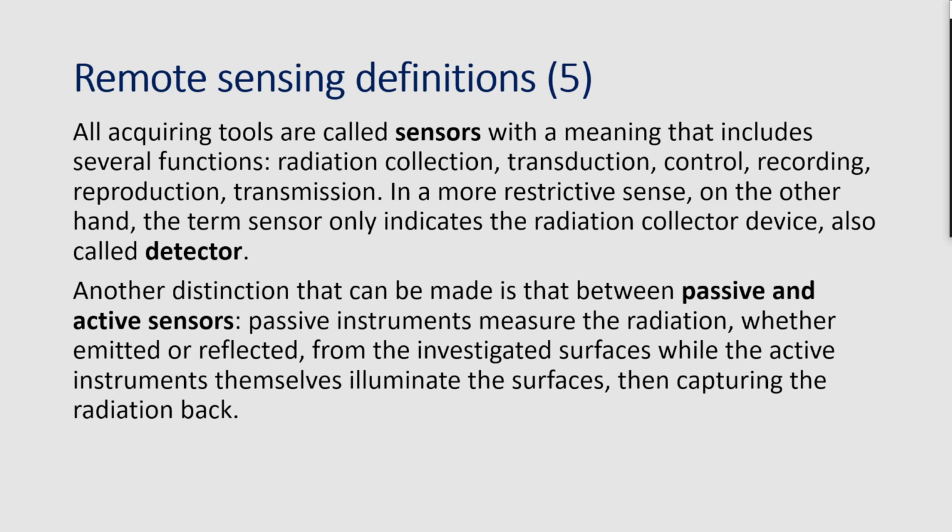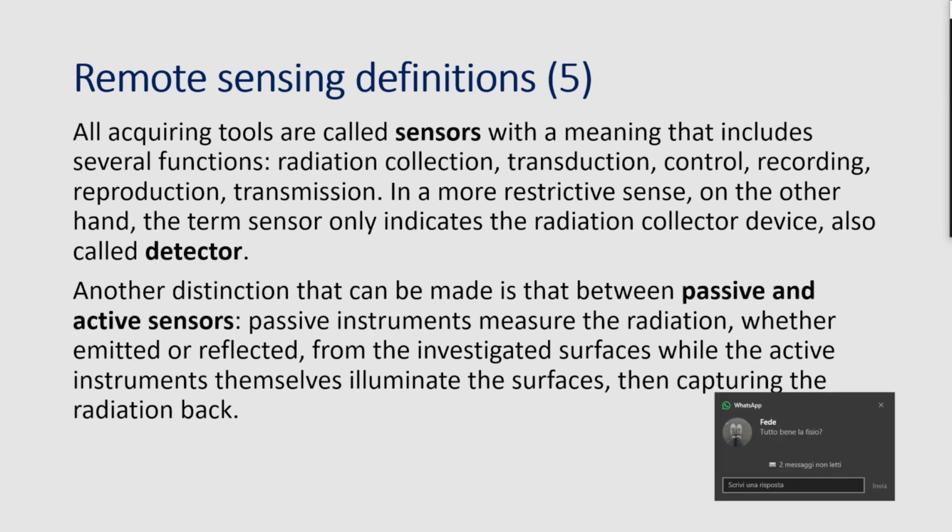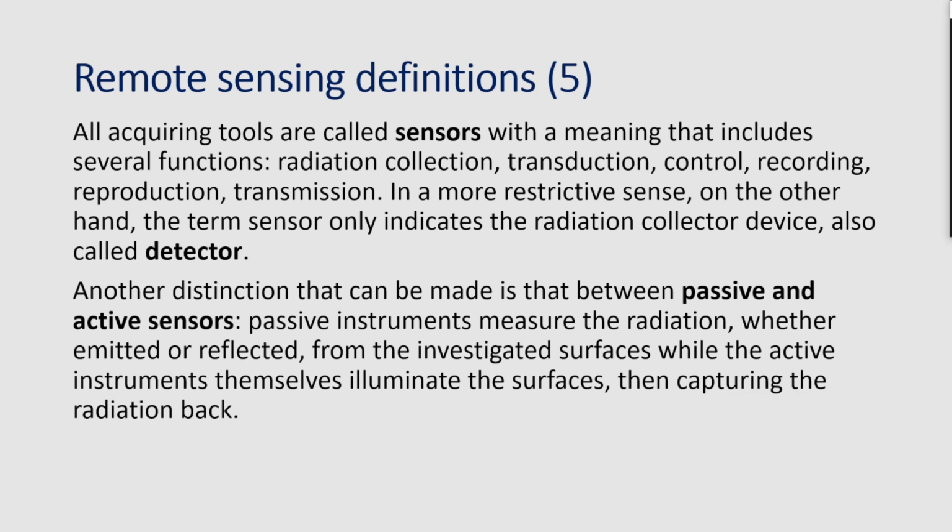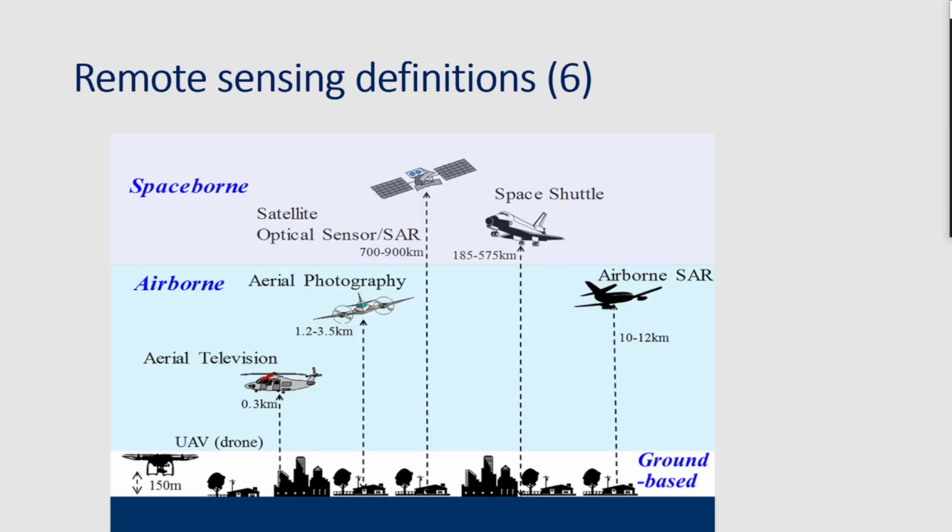Another distinction that can be made is that between passive and active sensors. Passive instruments measure the radiation, whether emitted or reflected, from the investigated surfaces, while the active instruments themselves illuminate the surfaces, then capturing the radiation back. The following figure shows the different possible platforms carrying digital sensors.